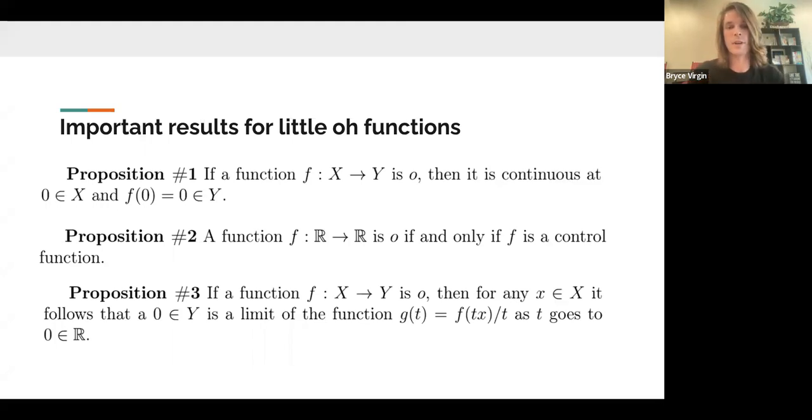In other words, this little o definition is eventually going to be the same as being differentiable at the origin and having 0 as your derivative there. I have to define differentiable first before I can prove that, but right now I'm assuming that we know what it means to differentiate real valued functions. All the other ones can follow from the definitions.